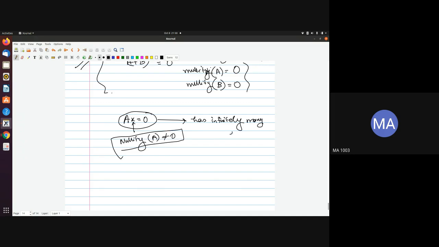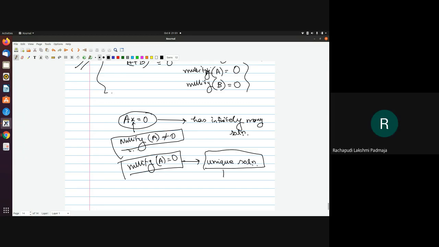And nullity zero means there is a unique solution, because only zero is the solution in that case. When it has a unique solution, the determinant is non-zero. When the determinant is zero, A is not invertible. When A is invertible, the determinant is non-zero.